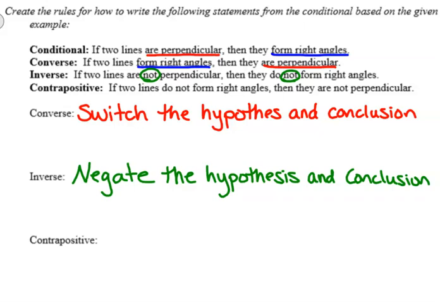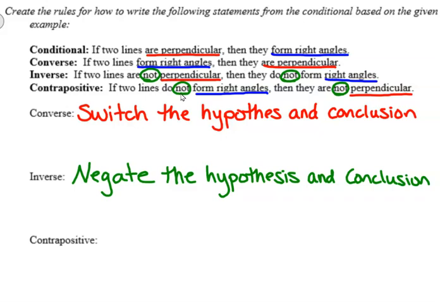The last one's the contrapositive. So if 2 lines do not form right angles, then they are not perpendicular. Well, I've got those nots again, right? But I also have the right angles in the front and the perpendicular part in the back, just like the converse. Versus the inverse, see how the perpendicular was the front, the right angles were the back, just like the original conditional.